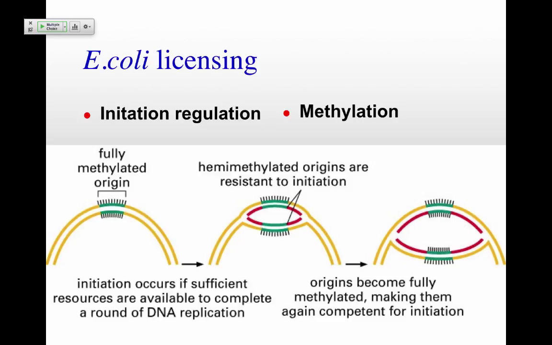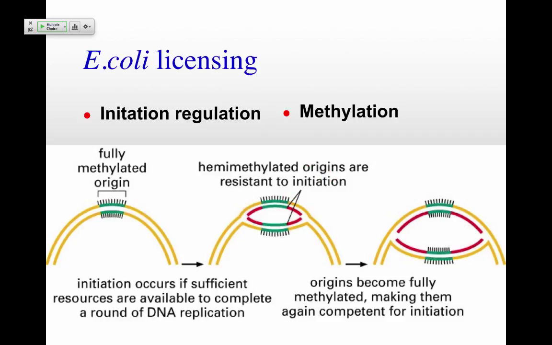Since replication is semi-conservative, as soon as you start replication, you're going to have what's called hemimethylated DNA. Hemimethylated, all that means is one strand is methylated, the other strand is not methylated. DnaA doesn't bind to hemimethylated DNA. So this is a mechanism for saying, hey, this has just been replicated.